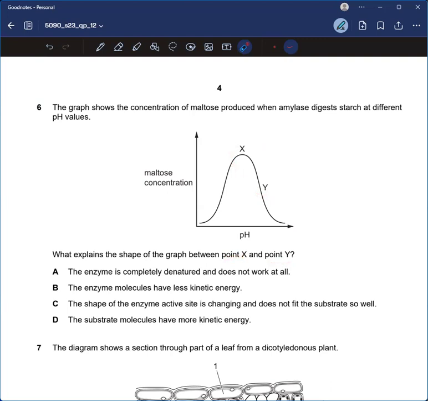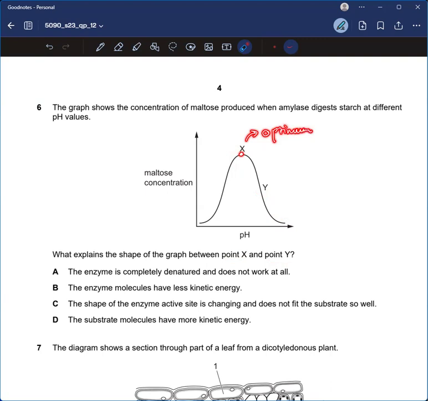The enzyme is completely denatured and does not work at all. No, this is incorrect because it is not completely denatured at this particular point. Here it is at its optimum.